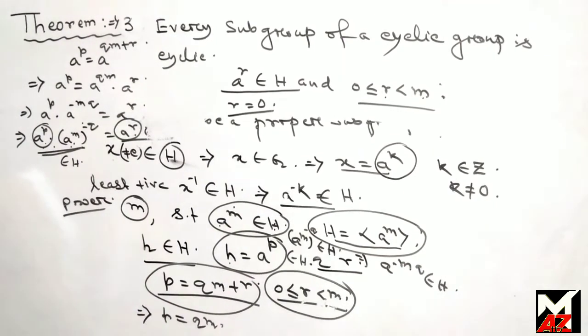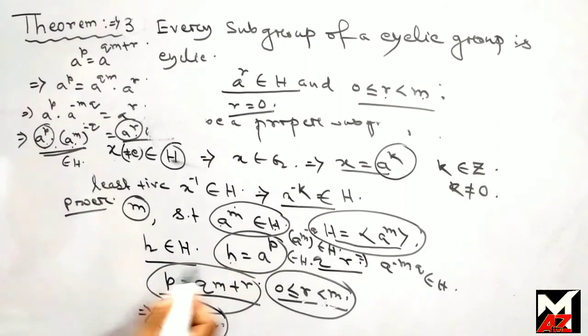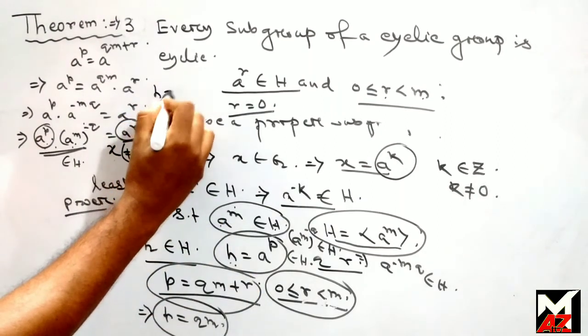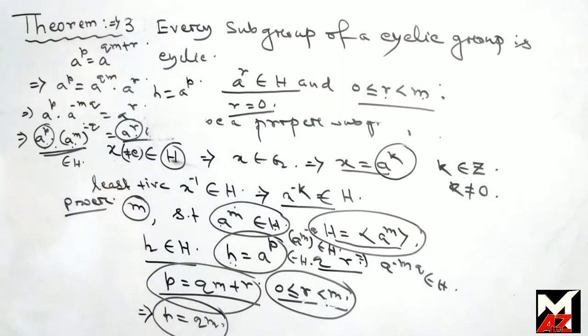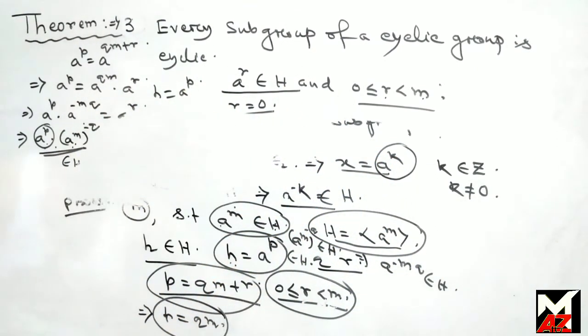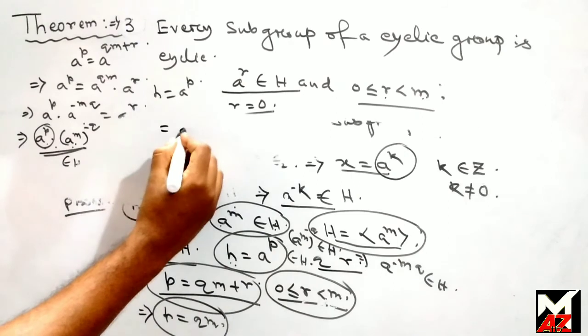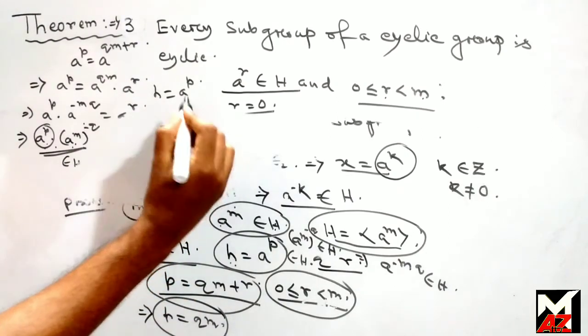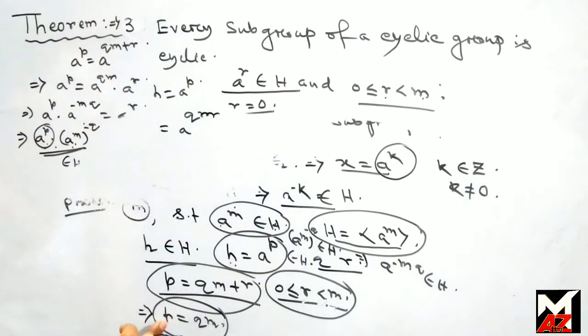So from this result we write h is equal to a to the power P, and this is a to the power QM, because P is equal to QM.